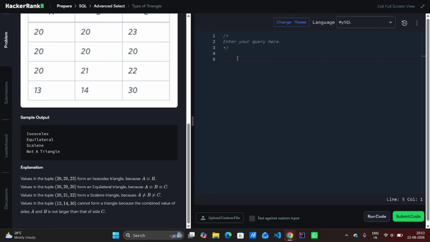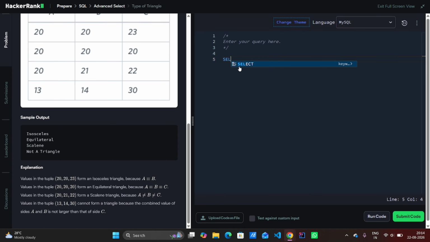If you know any programming language like Java or Python, you must have used conditional statements like if else and switch cases. We will use something very similar in SQL as well. To solve this question, it is very similar to switch cases.